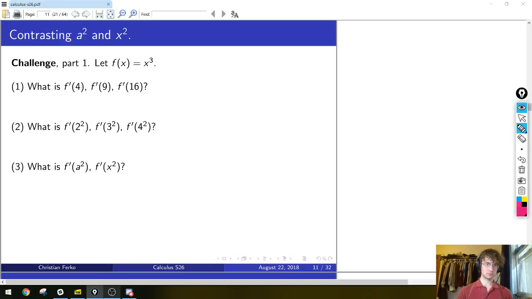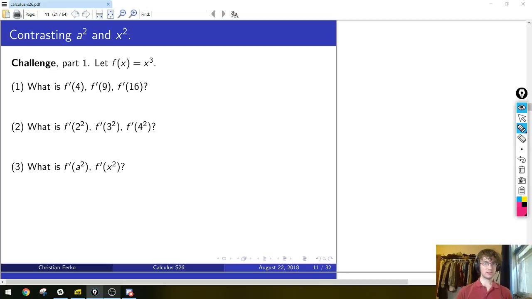Are they all 1? No. Why did you think all 1? I was thinking, because we're substituting x equals 4, and 4 to the power of 3 is 12. Derivative of a constant is, wait, 0.